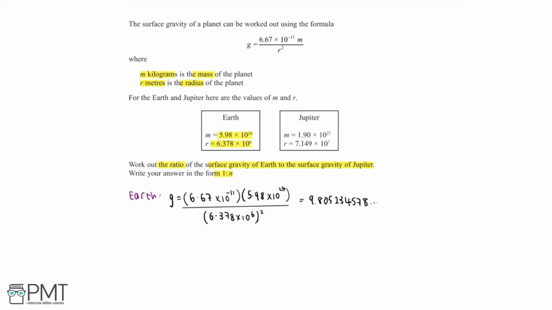Now let's move on to find the surface gravity on Jupiter. So doing the same thing that we did before, G is equal to 6.67 times 10 to the minus 11 multiplied by the mass, which we can see is 1.90 times 10 to the power of 27, all over r squared, and we can see that r is equal to 7.149 times 10 to the power of 7.